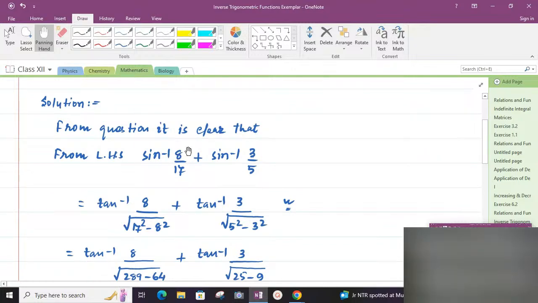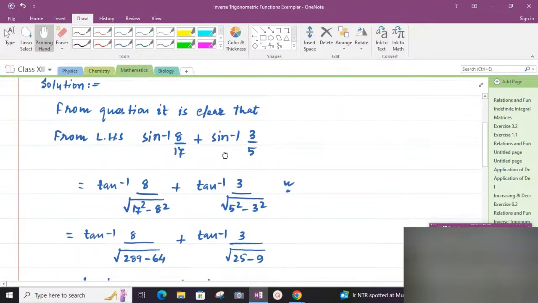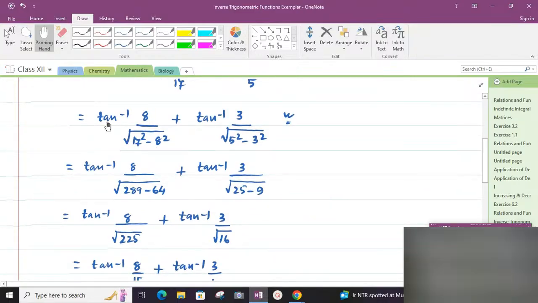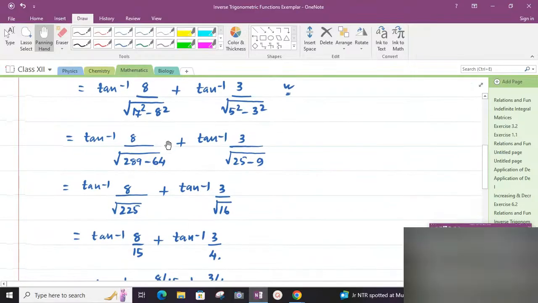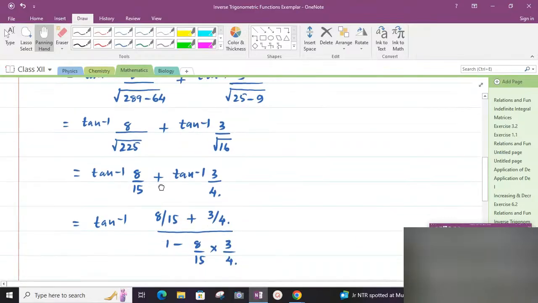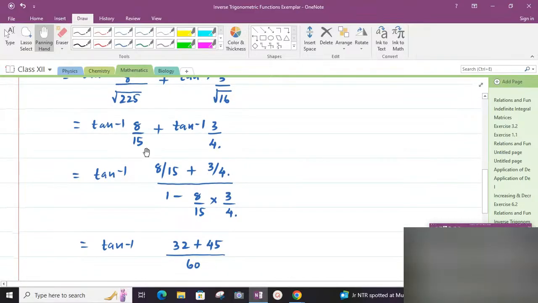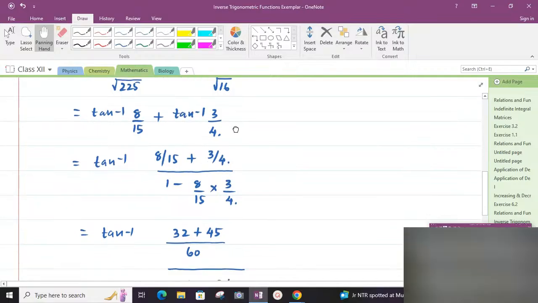So sine inverse 8 by 17 plus sine inverse 3 by 5 equal to here tan inverse 8 by root of 17 square minus 8 square plus tan inverse 3 by root of 5 square minus 3 square. After the simple calculation, we get here tan inverse 8 by 15 plus tan inverse 3 by 4.